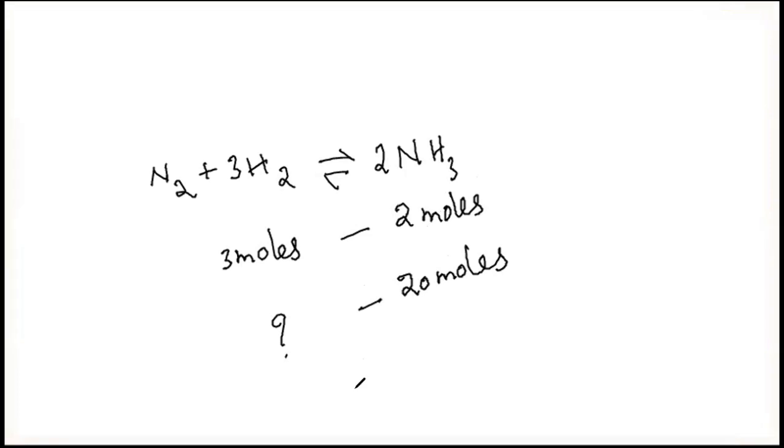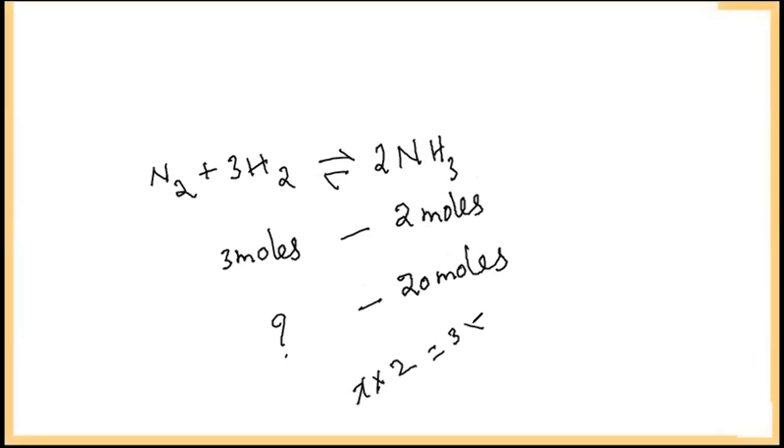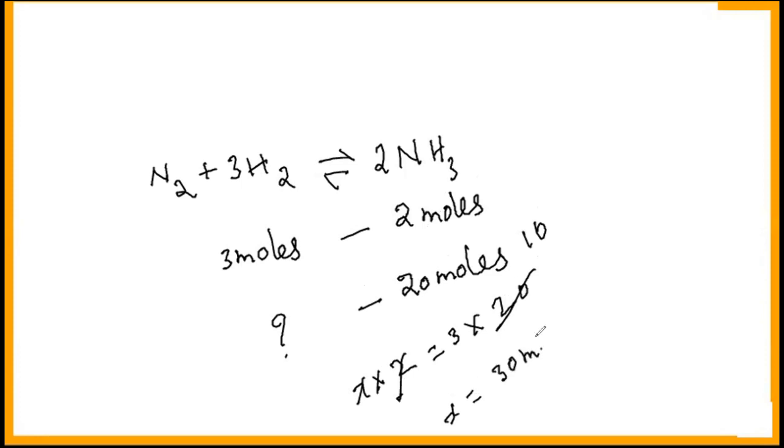Just a cross multiplication. X into 2 is equal to 3 into 20. Here 2 ones are, here 2 tens are. Directly we can take X is equal to 30 moles of hydrogen is required for the production of 20 moles of ammonia.